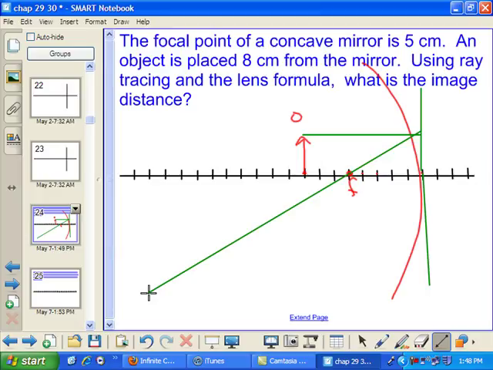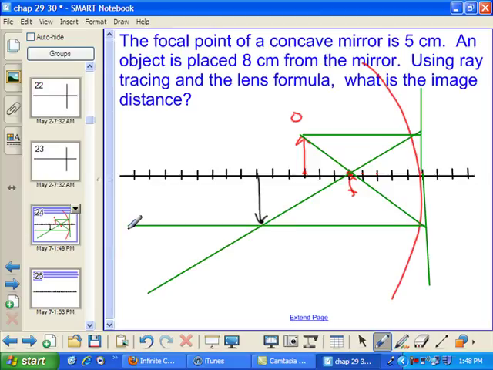The object, yeah. We usually draw from the top of the object, whatever the object is. Second line goes through the focal point. Any line that goes through or from the focal point will come out parallel to the axis. And so they intersect right there. So that would be my image.